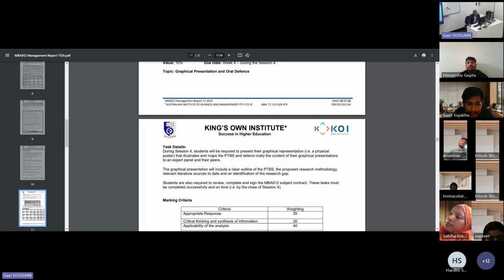Some of them did a digital poster, specifically the Newcastle students. They didn't do a physical poster, they just had their digital poster and presented that, because they can't come from Newcastle for the presentation.